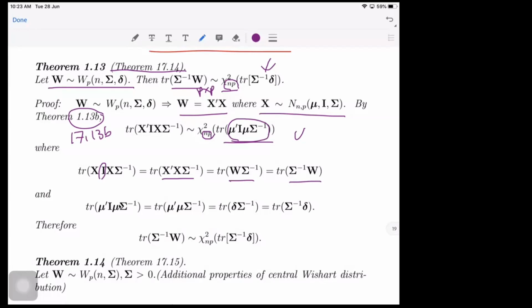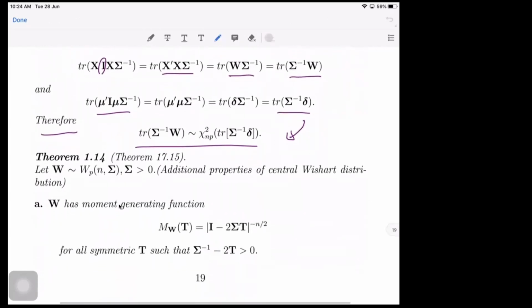And the non-centrality parameter will be equal to this. So the proof is straightforward. This is using theorem 17.13b. Okay.